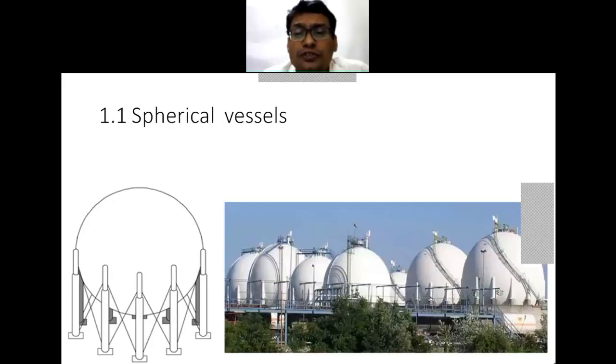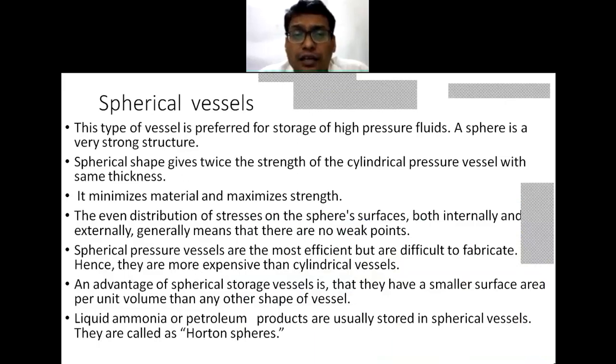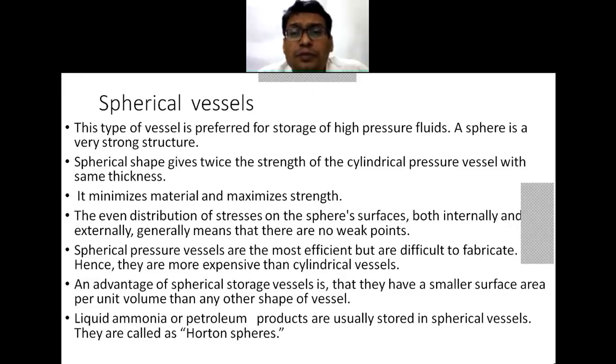So these are your spherical vessels, which are the most commonly used for LPG storage or ammonia storage, where the pressure requirements are there, and uniformity of the pressure will be there. This type of vessel is preferred for storage of high pressure fluids. You are converting LPG into the fluid state, liquefied petroleum gas.